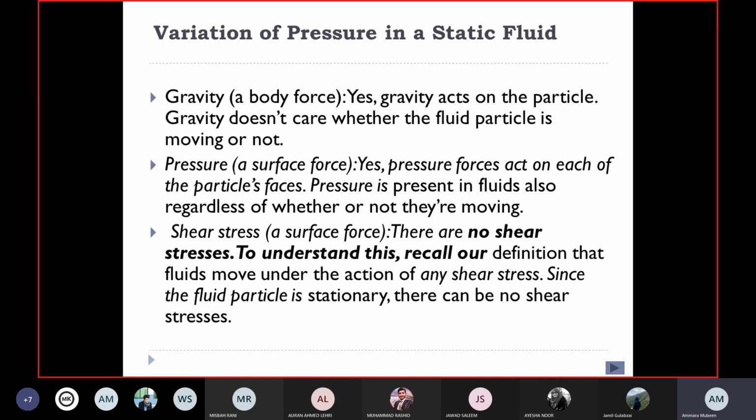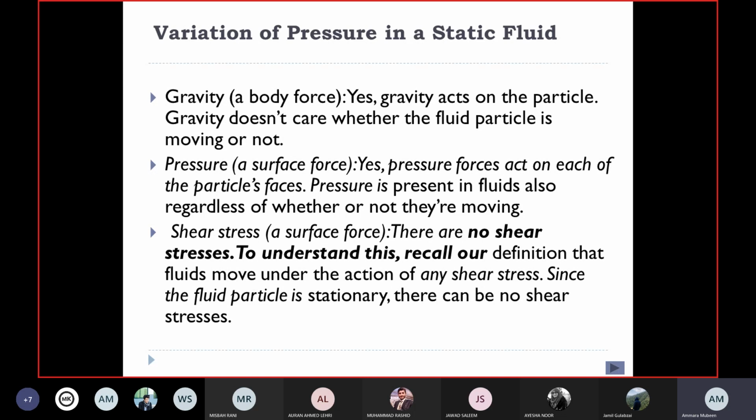One of the forces is called gravity force or body force. Gravity acts on the particle. Gravity doesn't care whether the fluid particle is moving or not, so it is always acting. The other force is called pressure force, or it is also a surface force.